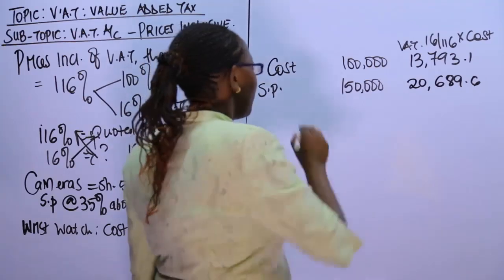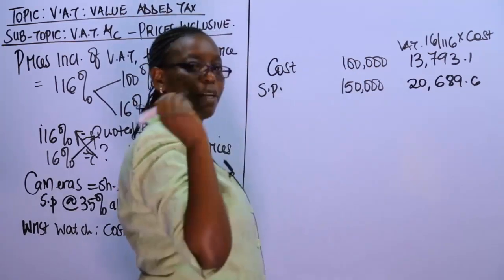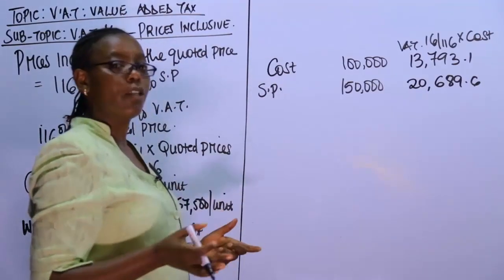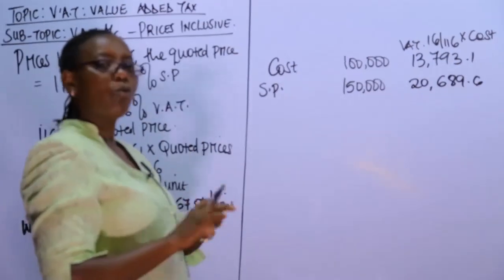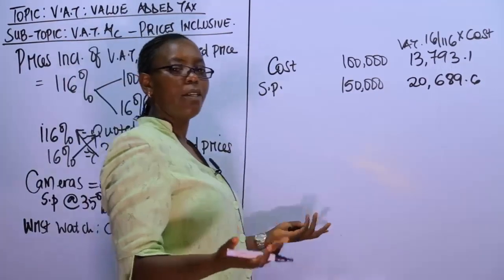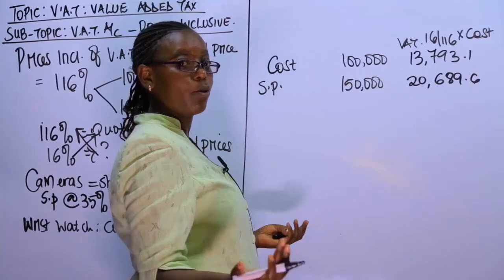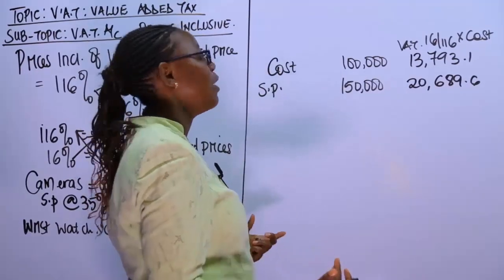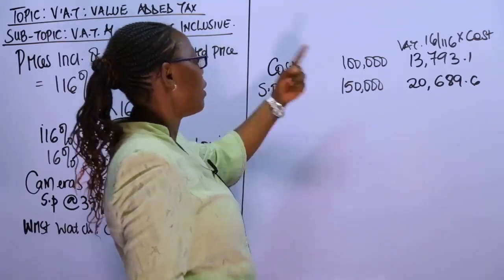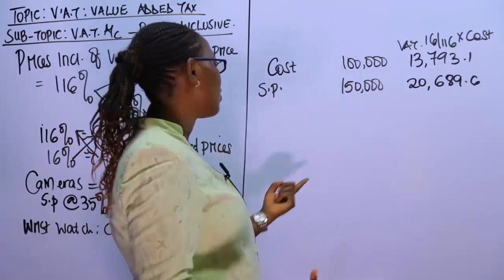So the difference here is the value that you've added. In the previous class we said that value is added by a business even by storage. You could buy an item, not do anything to it, and just keep it so that when the demand arises, you can sell. Even that storage is creating time utility. So these people bought at 100,000, kept it, and sold it at 150,000.